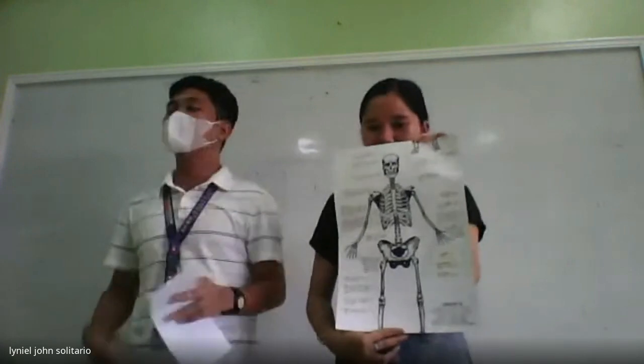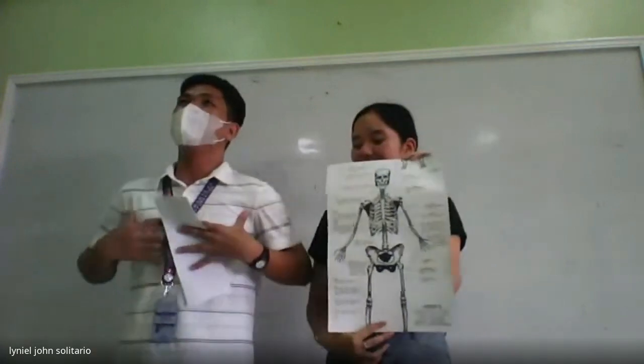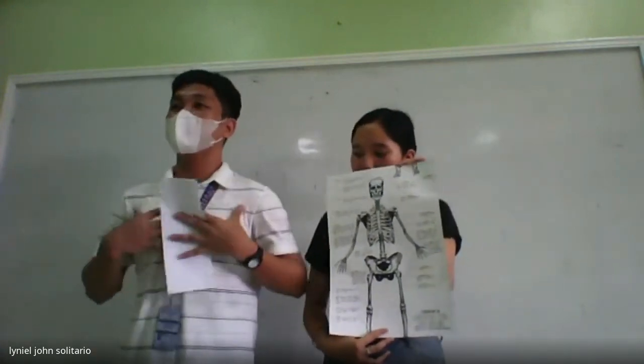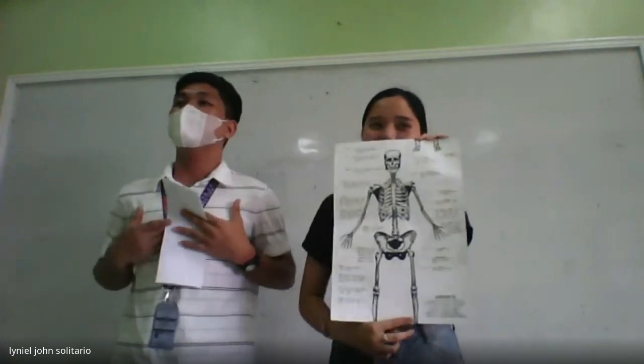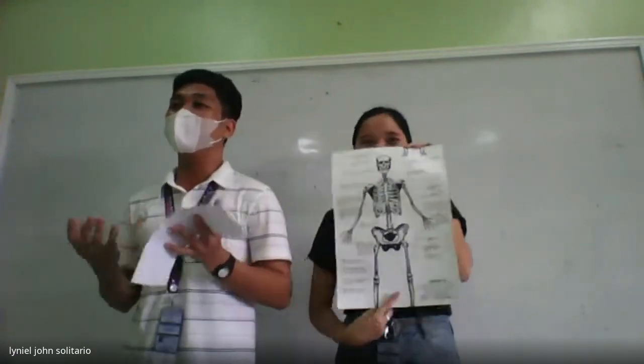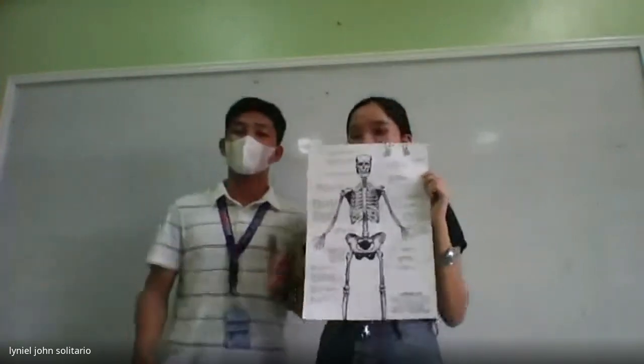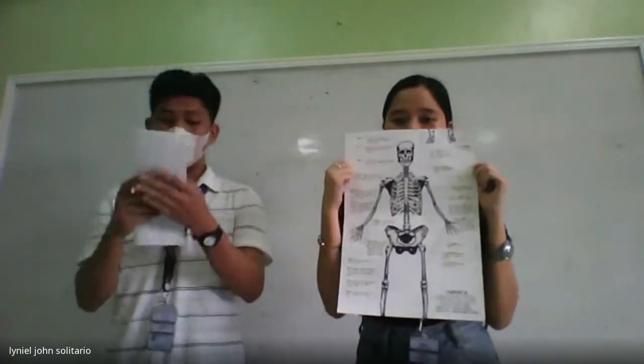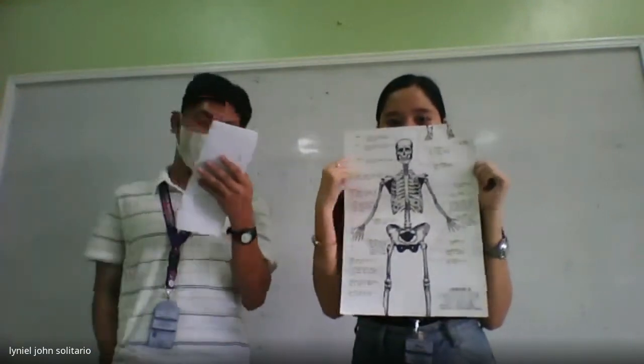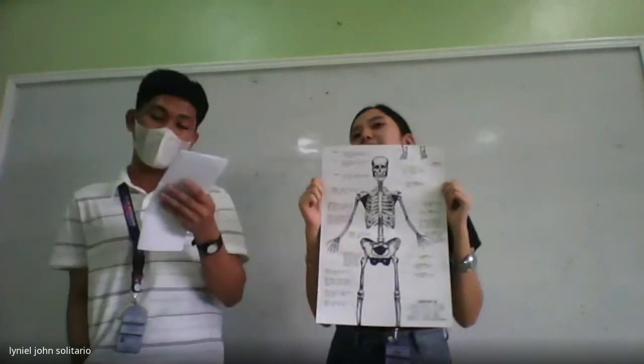By the way, the rib cage is really important because our heart is located inside it. The rib cage helps protect our heart, lungs, and other internal organs from any damage. Also important are the pelvic girdle and the bones of the hands, arms, feet, and legs.